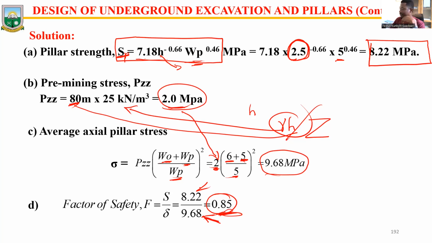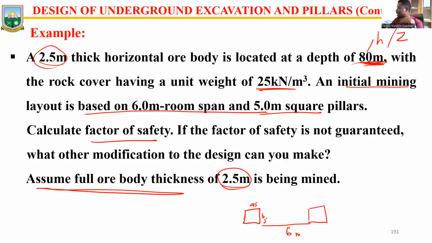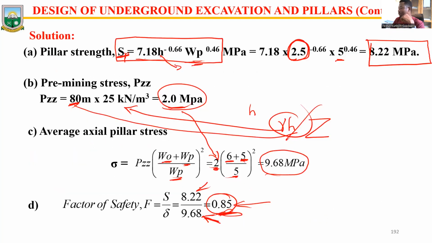Any comments regarding the value we have gotten? Because the question said, calculate if the factor of safety is not guaranteed. So the first question will be, is the factor of safety guaranteed, according to Solomon's? Any comments? No, it's not.